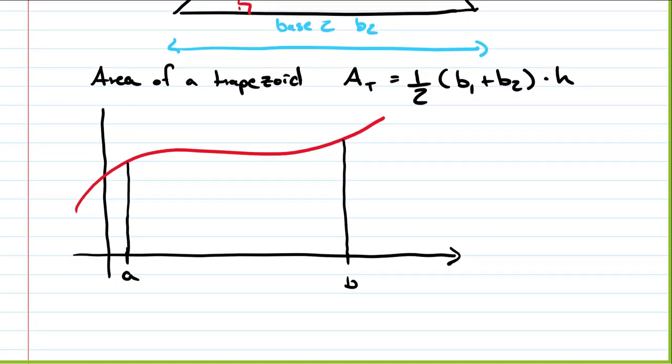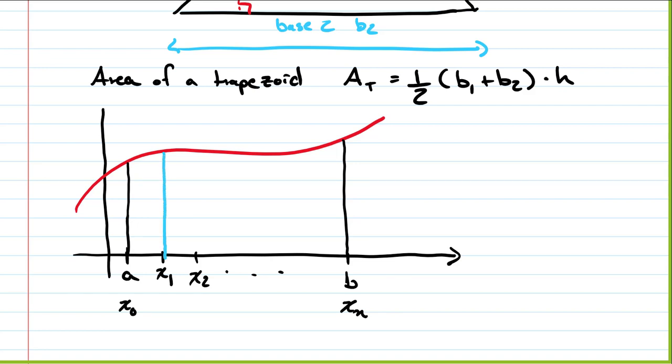Then we could approximate it by creating a partition where A is denoted by x0, and then we would have, say, x1, x2, all the way out to the end where we finally get to B, which we would call xn.